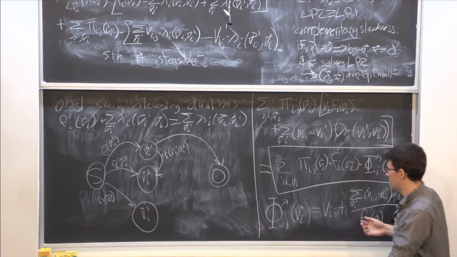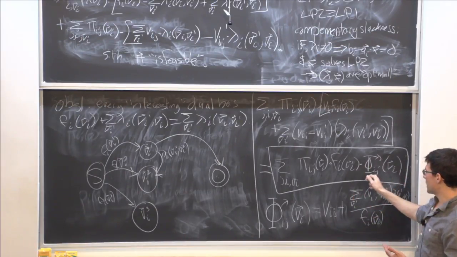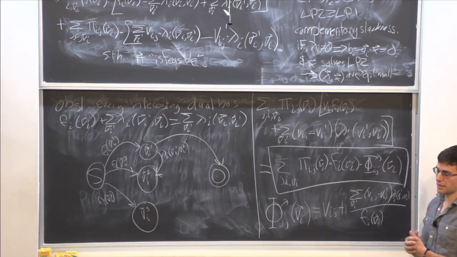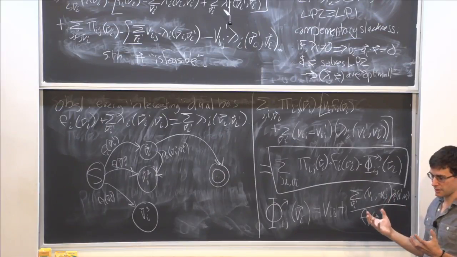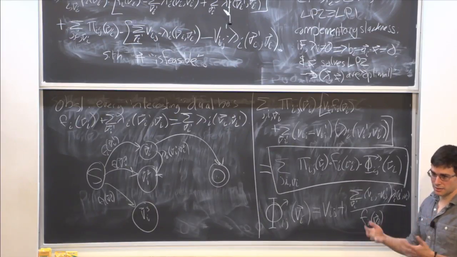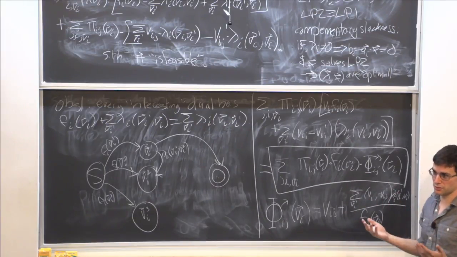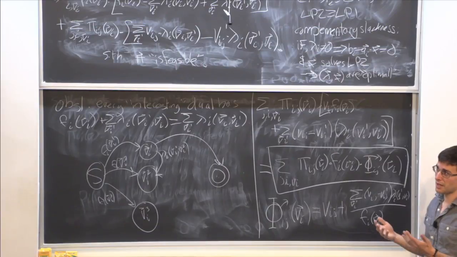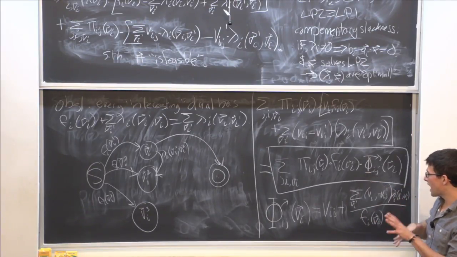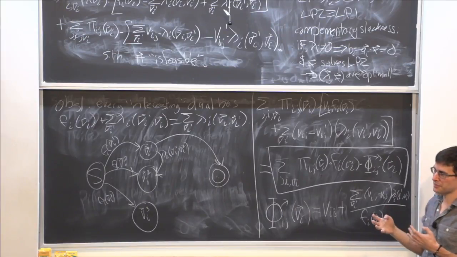The other thing is that if phi j of vi is big, this is like saying that you actually get a lot of revenue by giving vi item j, and that tells you this is a good thing to do in the optimal mechanism. These virtual values are kind of like an amortization. Let me say why.